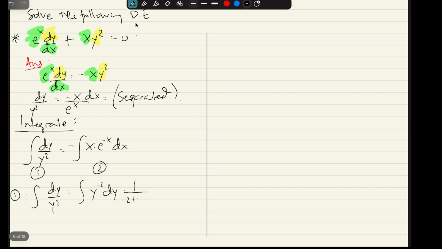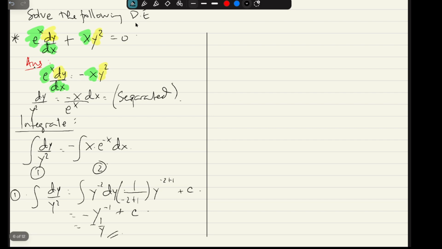Negative 2 plus 1 becomes negative 1, so we have 1 over (negative 2 plus 1) times y to the power of negative 2 plus 1, plus c. That is y over negative 1, so negative 1 over y.